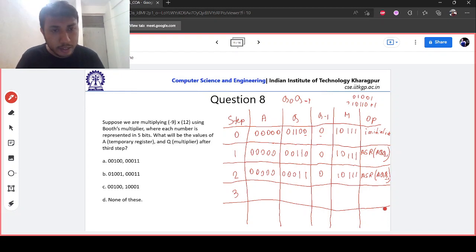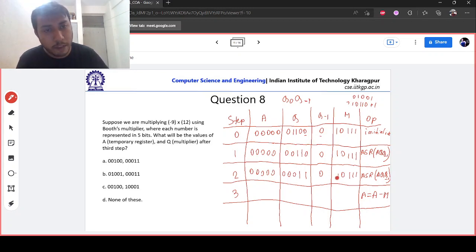Now what is the value in Q0 Q minus 1? It is 1 0. If you recall the algorithm, what will it do? It will first do A equals A minus M in this case. So what is the value of A? 0.